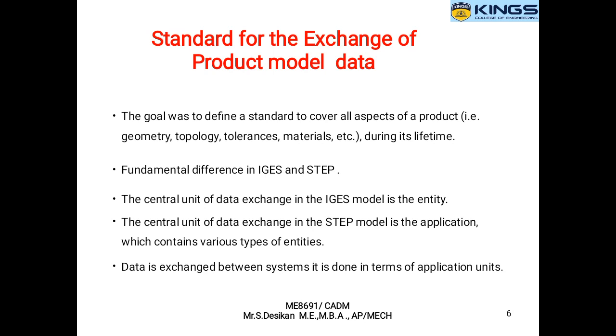Geometry is nothing but the physical structure. Topology is nothing but its history, from the basic to the finished product. Tolerances are the plus or minus allowances given, and material is what type of material we are going to use. These are all the physical aspects of the product.